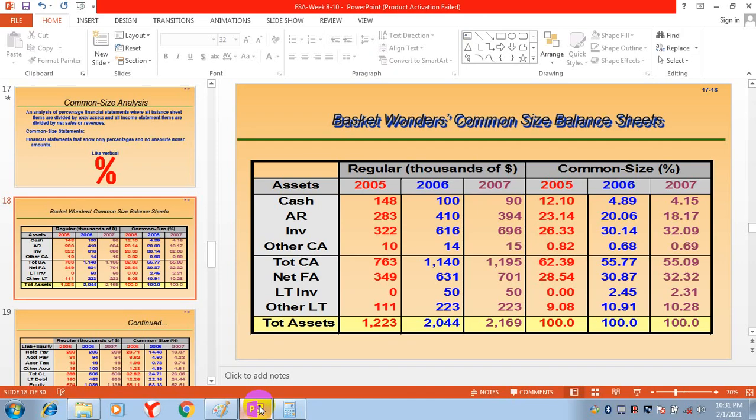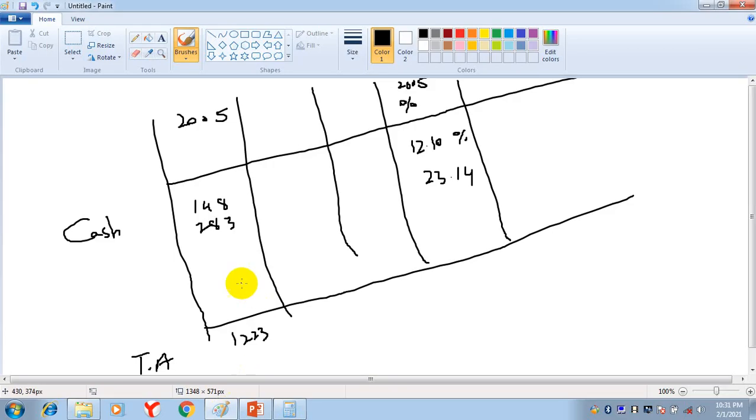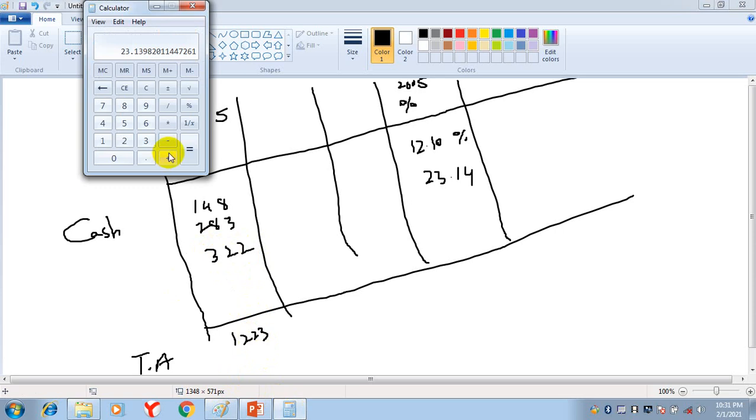Now take the third item, 322, divided by 1223 and multiplied by 100.